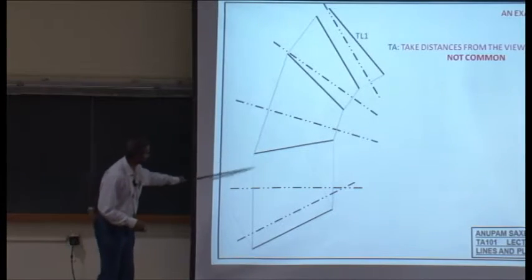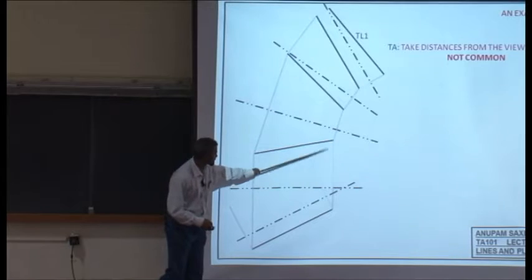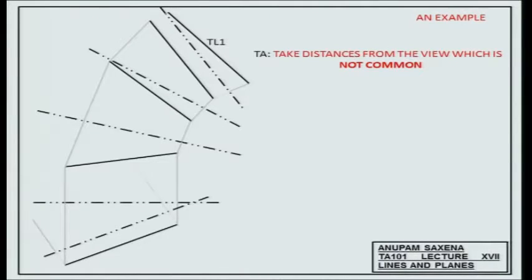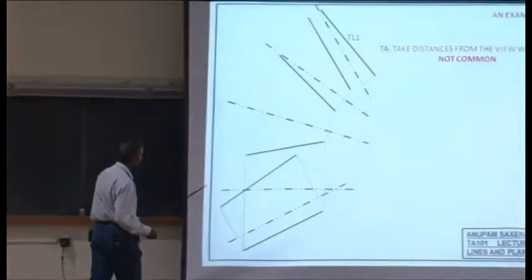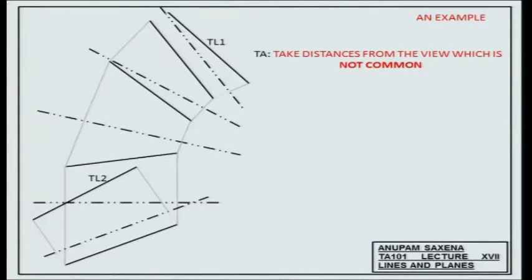I would be transferring this distance over here and this distance over here. I would expect this to be the true length of the same line, because my hinge line is now parallel to this projection. Let me call it TL2.